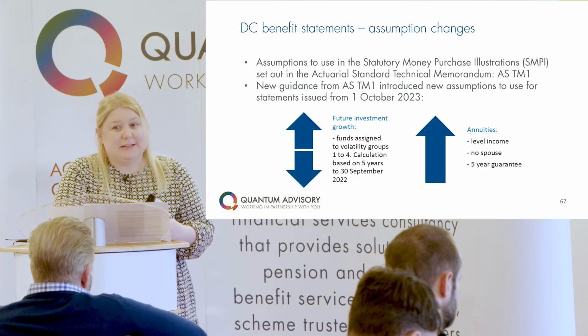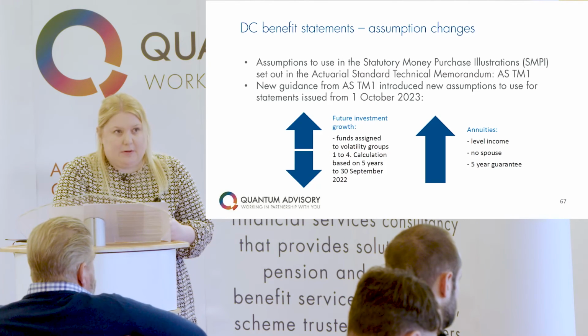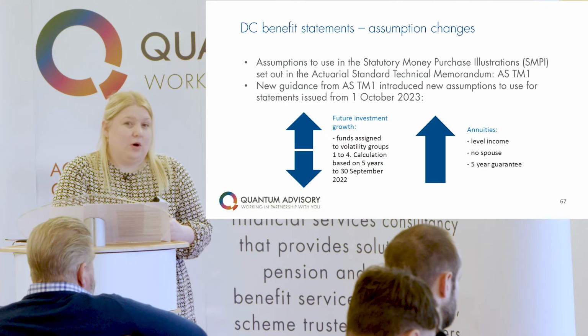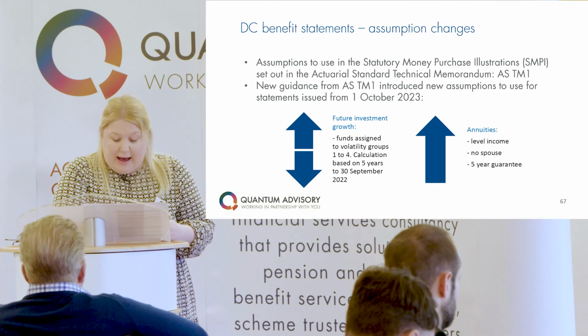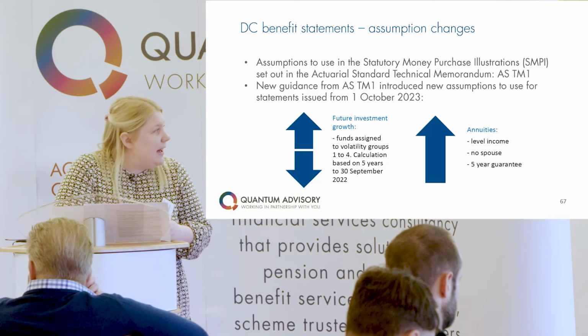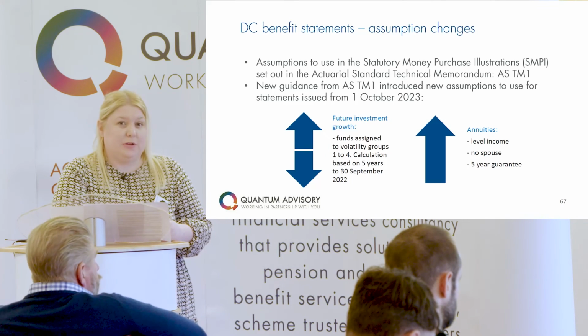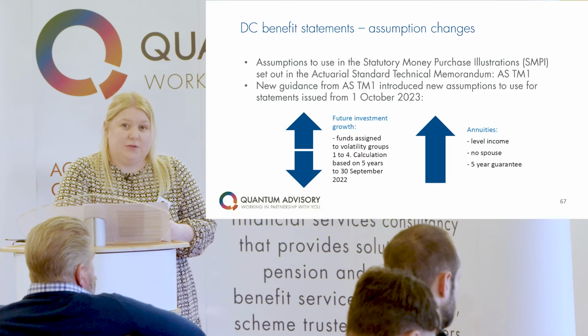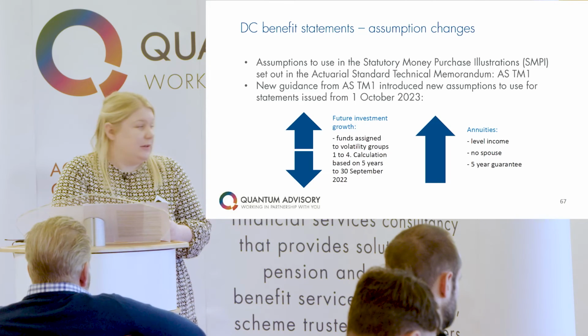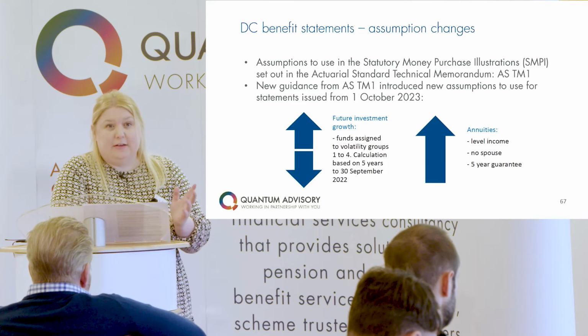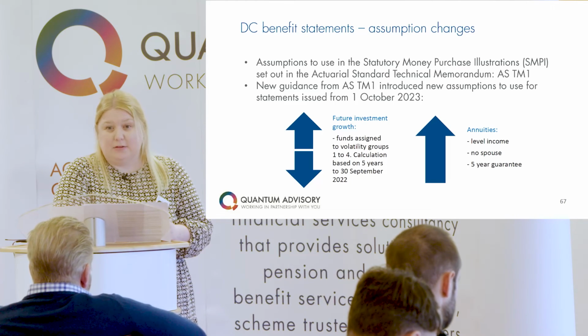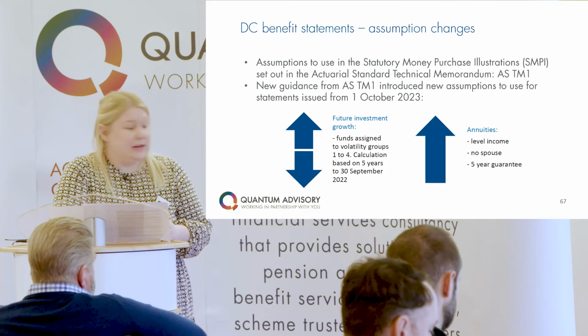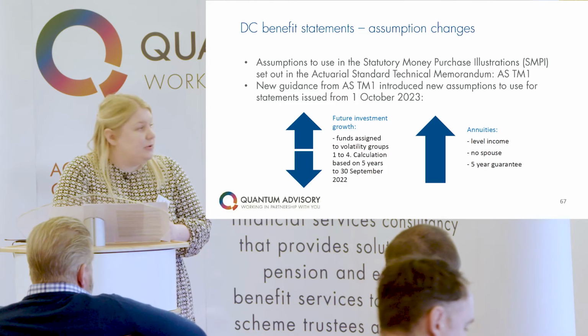But for annuities, typically, they have been quoted with an increase and a spouse's pension attached. And under the new requirements, they should be level income, no spouse, with a 5-year guarantee. And so for statements issued after October 2023, generally that would show a higher amount of income a member could receive in retirement when taken as an annuity.